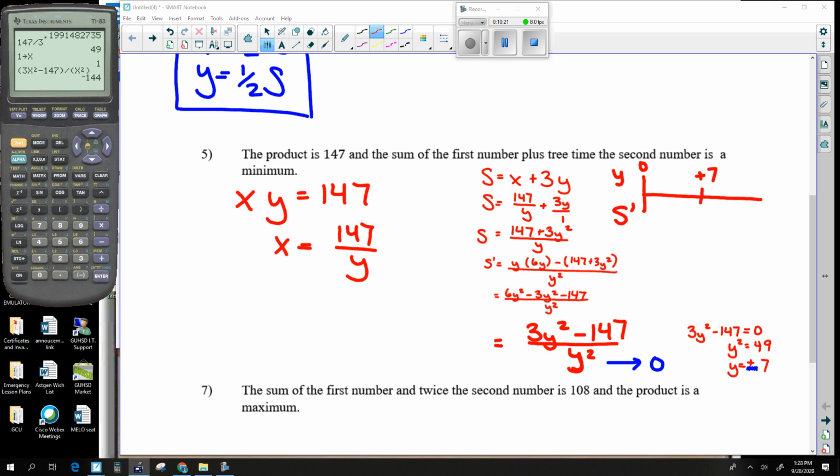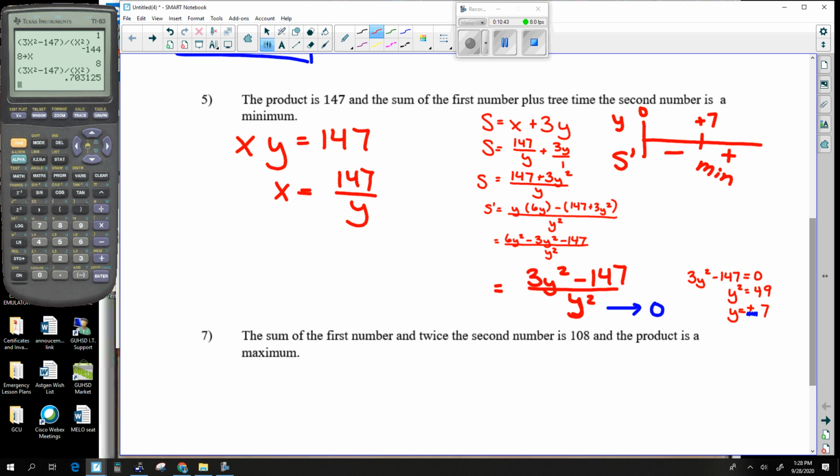So that's going to be a negative number. Then anything bigger than 7, such as the number 8 or something, is positive. So that implies that this is a minimum, decreasing to an increase. That is a minimum, which again, we want the sum to be a minimum, and so the sum is a minimum when y is equal to 7.